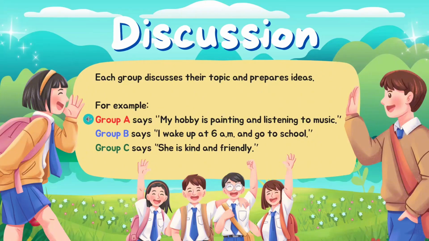Group A says, my hobby is painting and listening to music. And Group B, about daily activities, says, I wake up at 6 a.m. and go to school. And last, Group C, about describing people, says, she is kind and friendly.